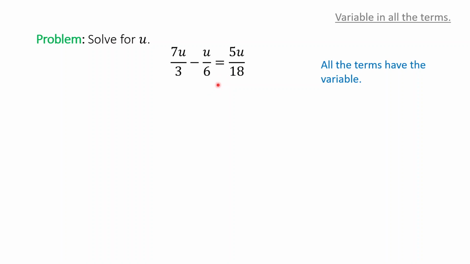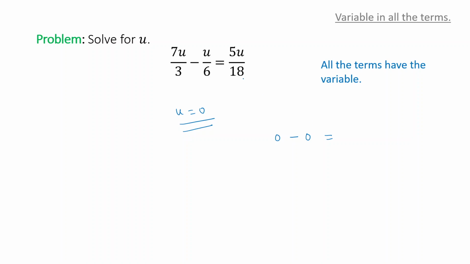So for this equation, the solution is u is equal to 0. Because if you substitute u is equal to 0 in this equation, you get, so this times 0 is 0 minus 0 over 6 is 0.